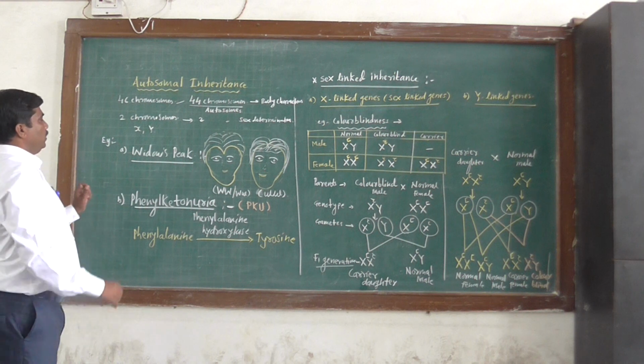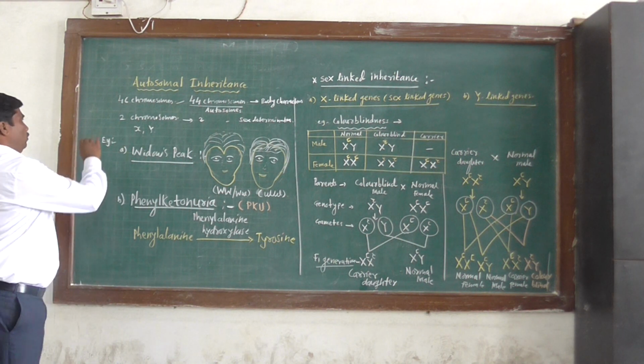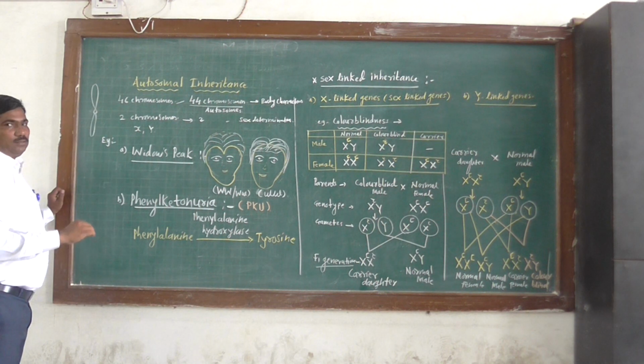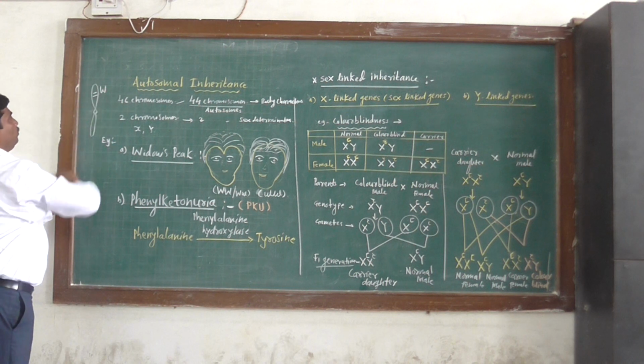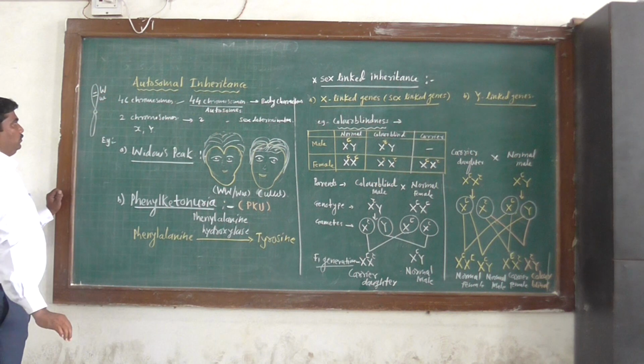Okay, then on a chromosome, on an autosome, sometimes dominant genes are present. For example, dominant gene capital W or small w.